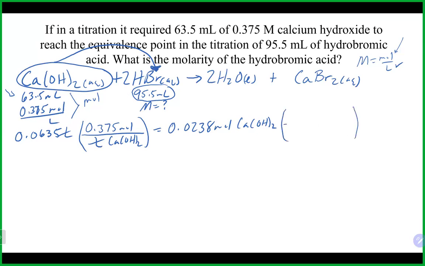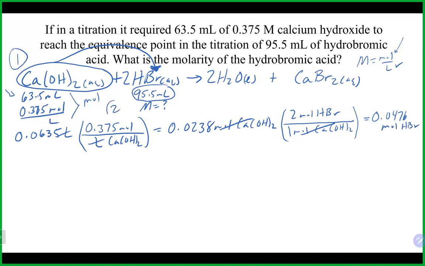So we will go with that. 1 mole of calcium hydroxide gives me 2 moles of HBr. That is going to go away there and give us 0.0476 moles of HBr.